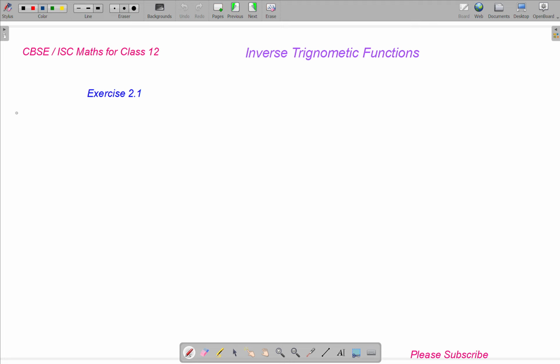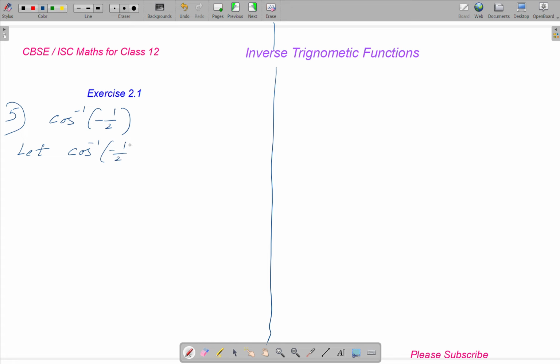Question number 5: cos inverse minus 1 by 2. Let cos inverse minus 1 by 2 be equal to theta.